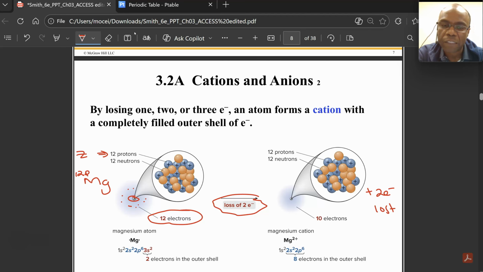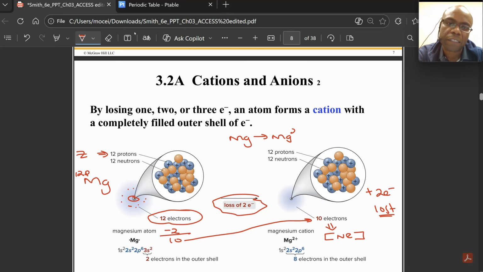When the 12 electrons lose 2 of them, you are left with 10 electrons, similar to the 10 electrons in neon. Once you lose the 2 electrons from Mg, you get Mg2+, which has 10 electrons because it started with 12.